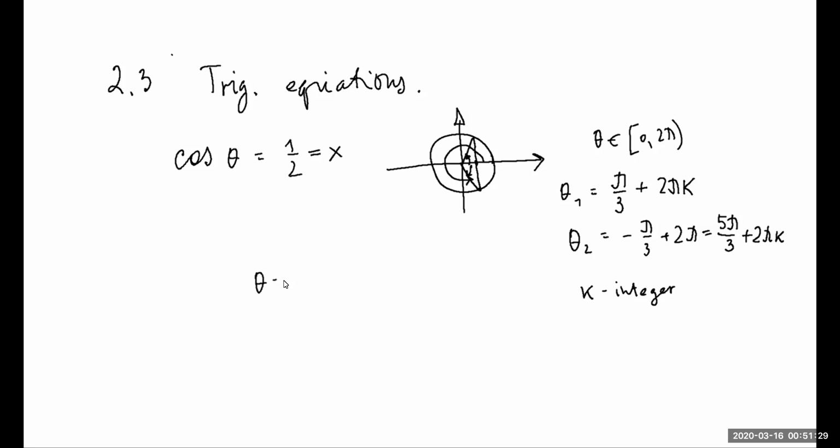So I'm going to write down theta and write down pi over 3 and 5 pi over 3. But generally, the answer is supposed to look like this. And this answer is going to work for all possible values which are satisfying this equation.